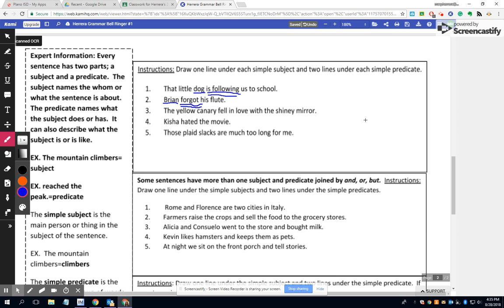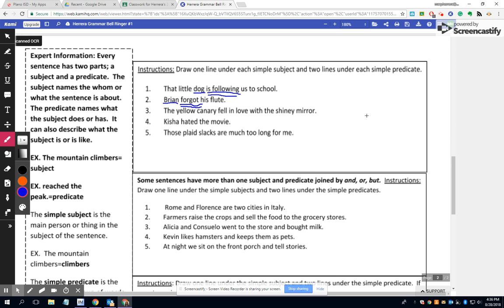Okay, now, number 3. "The yellow canary fell in love with the shiny mirror." Who is doing something? Is yellow doing something? How can a color do something? A color can't do anything, can it?